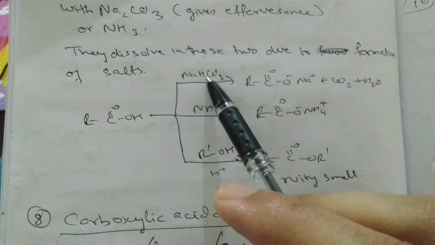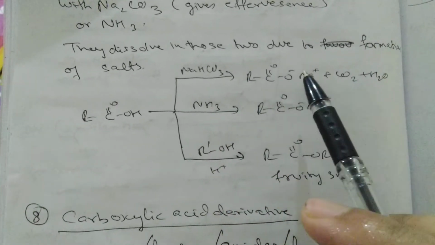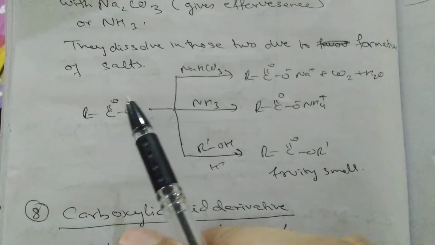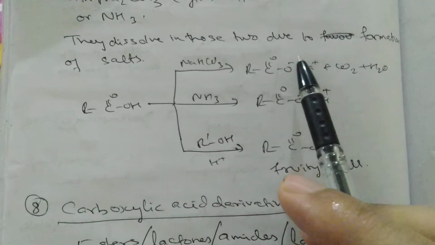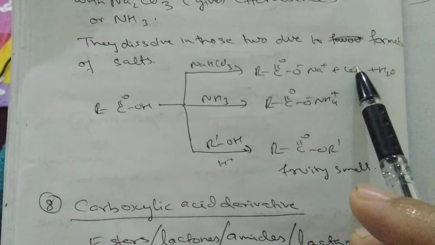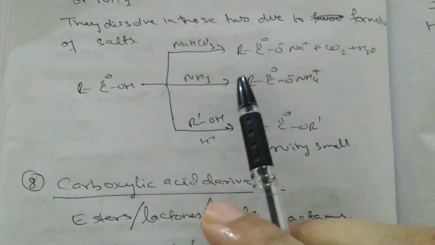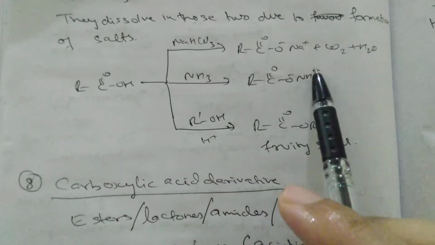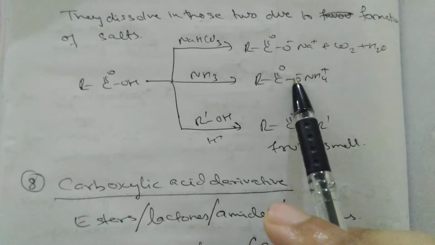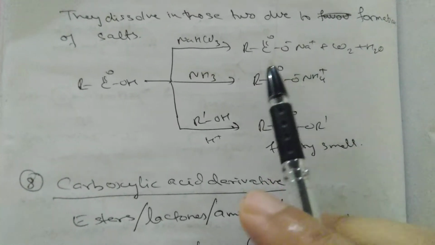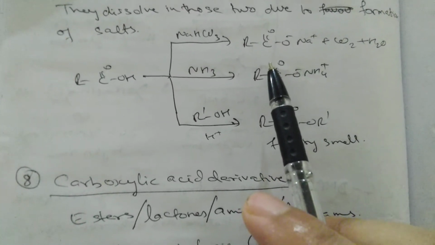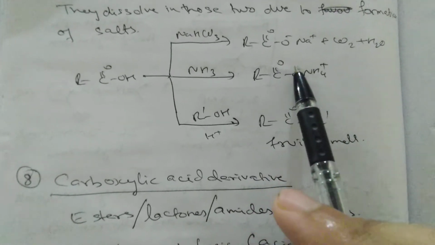So you react with sodium bicarbonate and you start seeing that they are soluble in water. Previously they will not be soluble in water, but as soon as you add, they become soluble in water, and bubbling also you will see, so you know that it has carboxylic acid. Similarly, react with ammonia, they form ammonium salt and become soluble in water because it forms salt. Previously, when you just isolated alkaloid, you will see that it is not soluble in water.